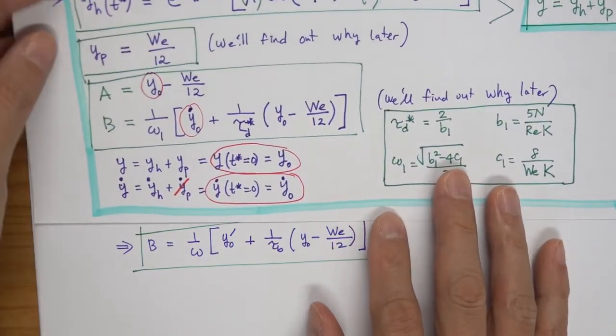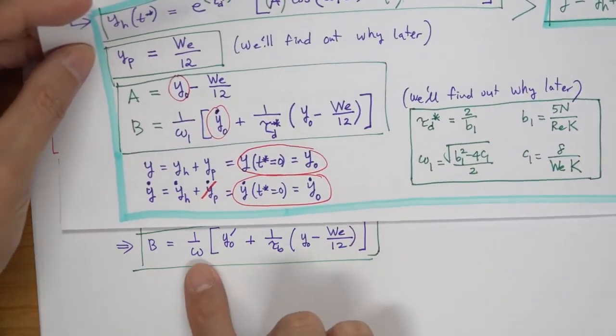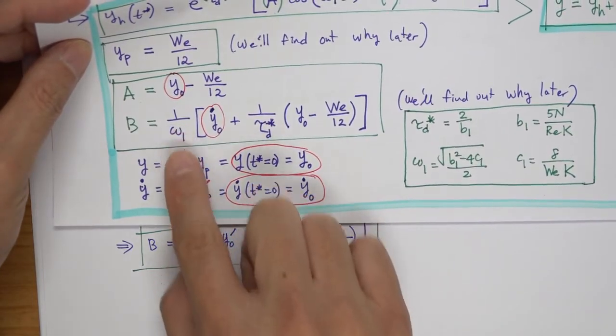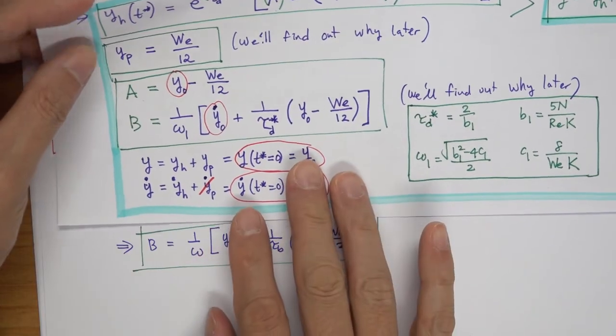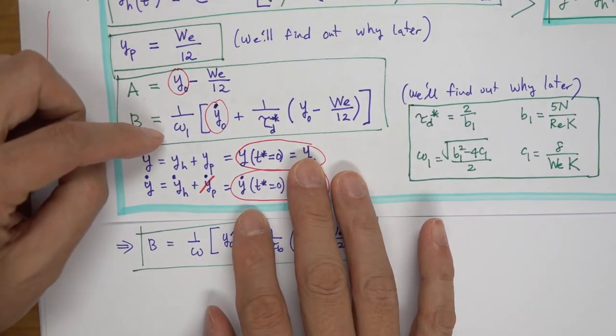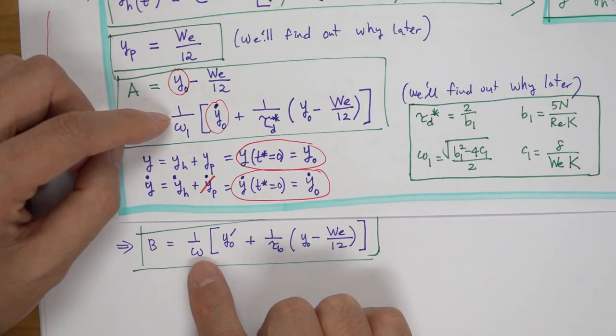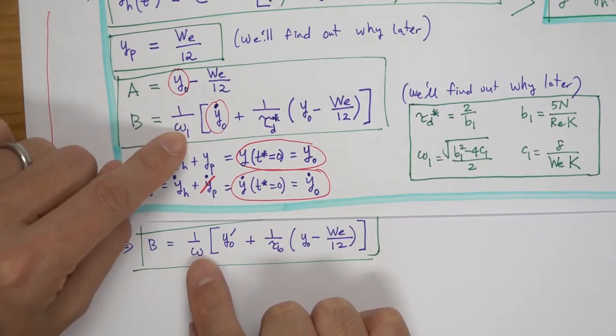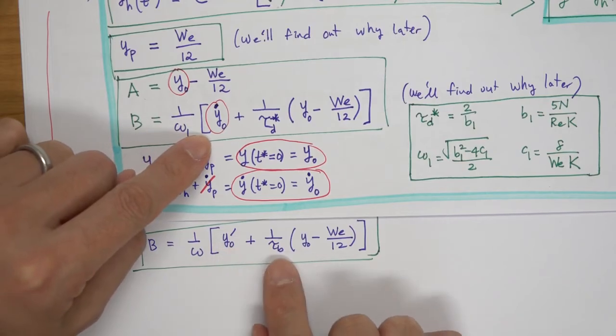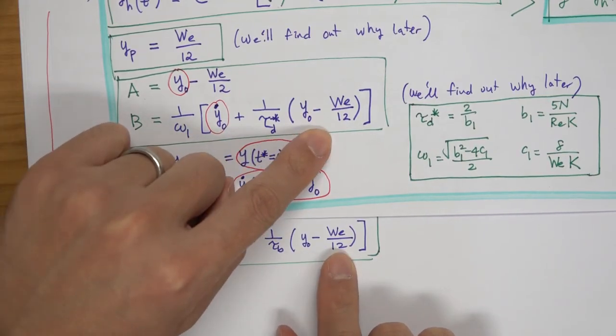Here b looks like 1 over omega. Now this omega and that omega are different, because this omega is the non-dimensional one, and this is the dimensional one. But they follow the same form.